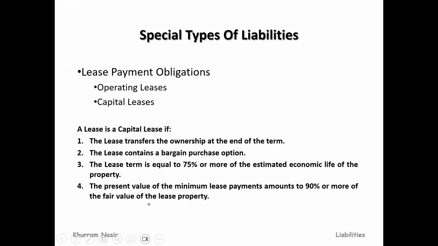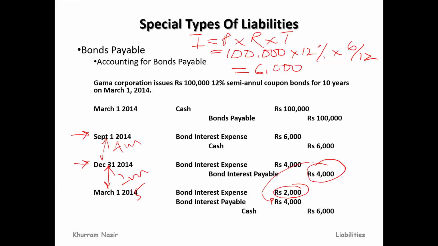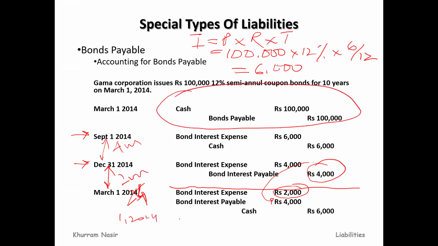So here, in 2024, we'll have the same entry repeated. And with this, on March 1, 2024, we'll have the reverse of the first entry. That is, bonds payable will be debited by 1 lakh and cash is going to be credited by 1 lakh.